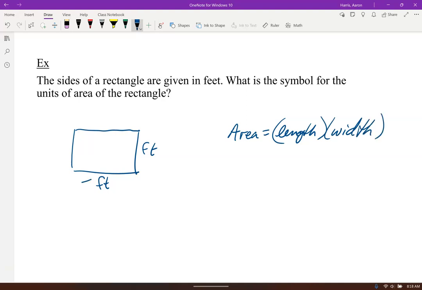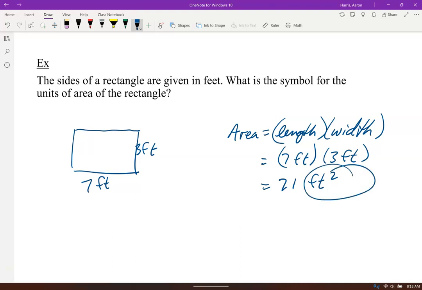So let's say this is 7 feet and this is 3 feet. So we'd have 7 feet times 3 feet if we're trying to find the area, or 21 square feet, right? Feet squared. So it's just asking, what's the symbol for the units of area? So square feet, right? If you have feet and feet, it's square feet on that.